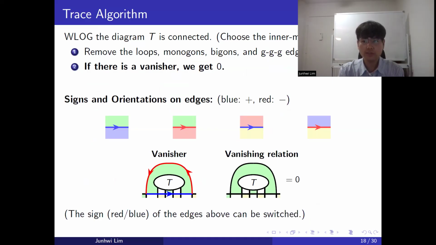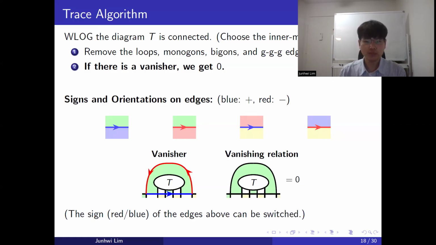Next thing we do is to consider the substructure of the diagram that can be simplified. And to rigorously define the substructure, we assign the signs and orientation on the strings. The signs will be expressed as colors, blue for positive and red for negative, and orientations are expressed as the arrows.